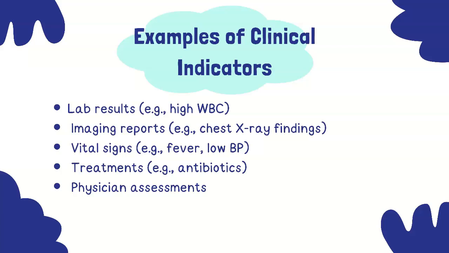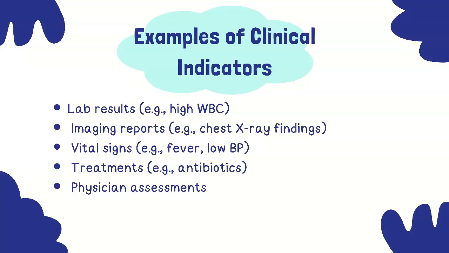The provider has to actually diagnose the patient. All right. So just because you see someone's white blood cell count increase, don't just say, oh, they got XYZ condition. That's not your job. Imaging findings like a chest x-ray showing infiltrates is often associated with pneumonia and sometimes bronchitis.